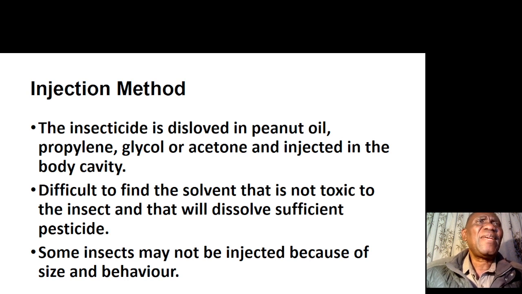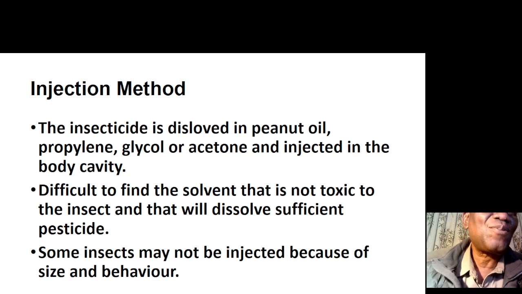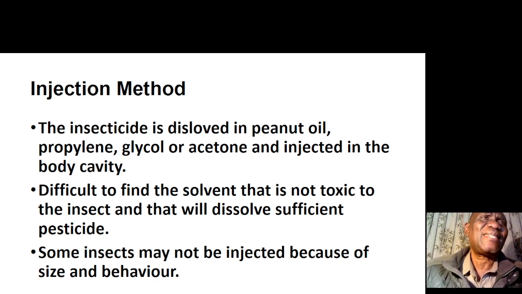Now, it may be difficult to find a solvent that is not toxic to the insect and that will dissolve sufficient pesticide. Sometimes the solvent itself may kill the insect, and you cannot tell the activity.